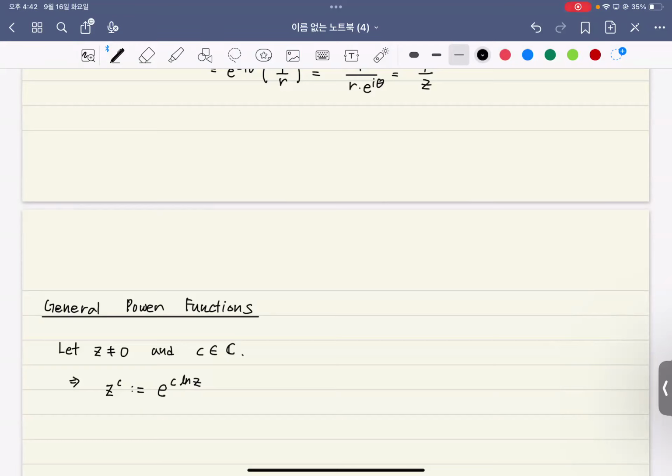This is the definition. Also, I want you to notice that the right-hand side expression involves the natural log function. Since we are not specifying any branch of this natural log function, you should understand this is also an infinitely many valued function.